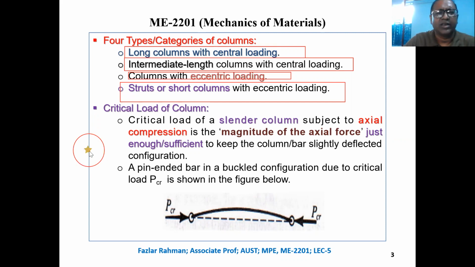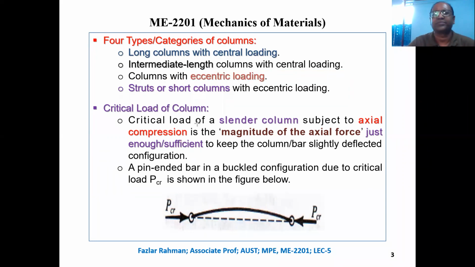The load goes through the centroidal axis or longitudinal axis of the body. But instead of over here, you apply the load over here. So how far is it offset from the CG? This much, right? This distance from here to here is called eccentricity. If you apply the load at the CG it is central, but if you apply it over here, it is called eccentric loading. Okay, so you got some concept of what eccentric loading is.